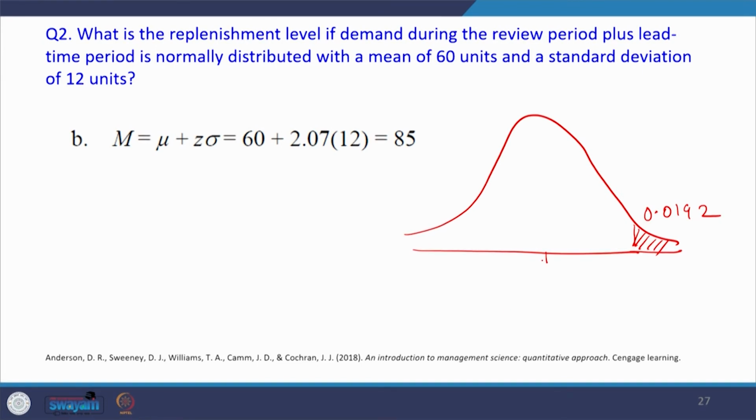Mean is given, mean is 60, standard deviation is 12. Now we have to find out what is the value of m.